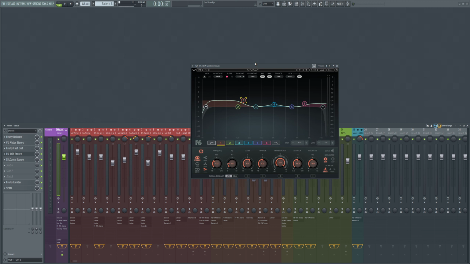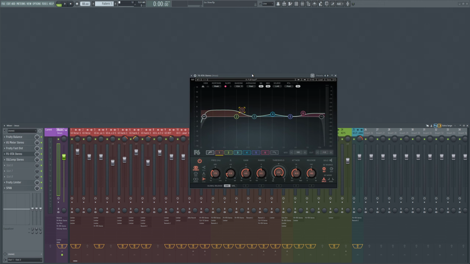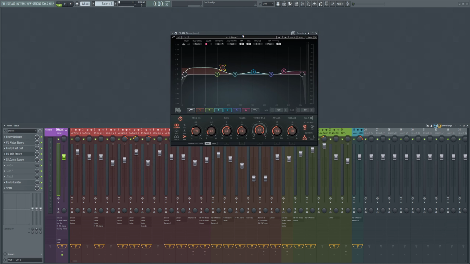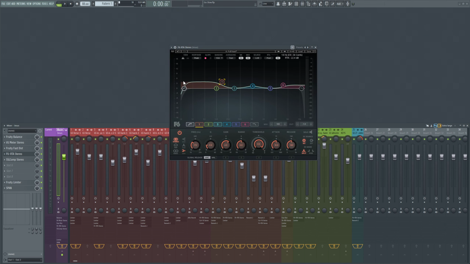What this does is it enhances every low end, because I kind of wanted this track to sound like it's a hip hop track, and the references that I used is a hip hop track as well. So basically, I listened to a hip hop track, and then I gave it this low shelf boost.